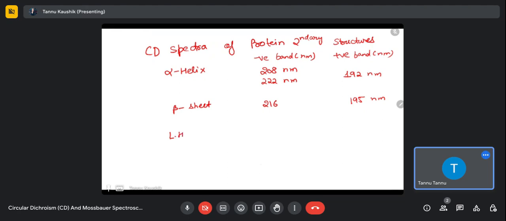Then for the polyproline helix structure, this is just another type of structure reported for the secondary structure of proteins. And for the random coil structure, we get only one negative band at 200 nanometer.